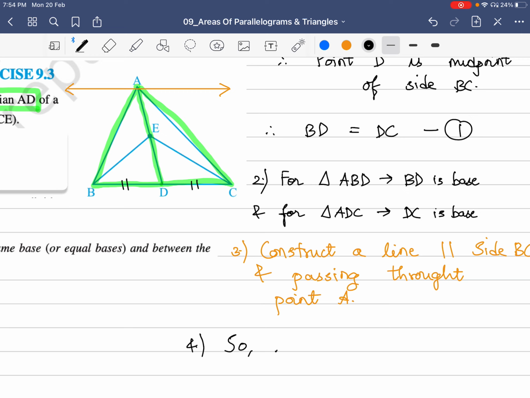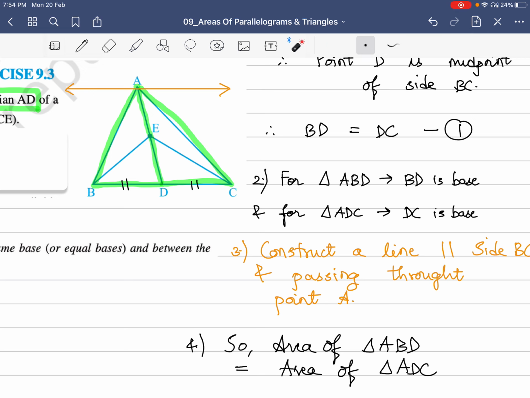So area of triangle ABD is equal to area of triangle ADC. This highlighted one, ABD is equal to ADC. Now, this is again an important conclusion, and we are going to need it in the future. So I'm going to just mark it 2.